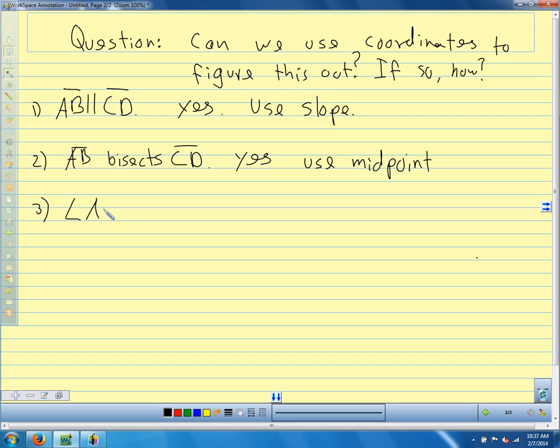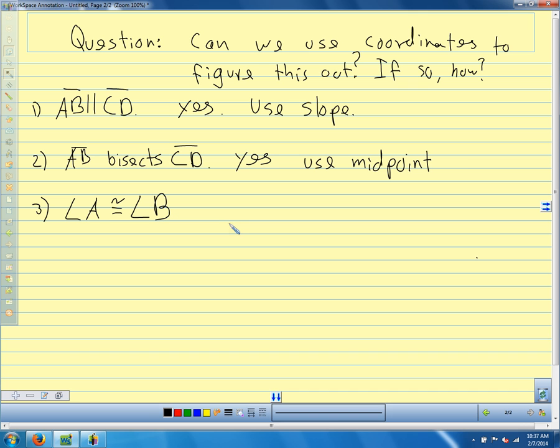Angle A, we want to know if we can use coordinates to decide if angle A is congruent to angle B. Can we use coordinates to figure that out? What do we think? Probably. Not as sure about that one.